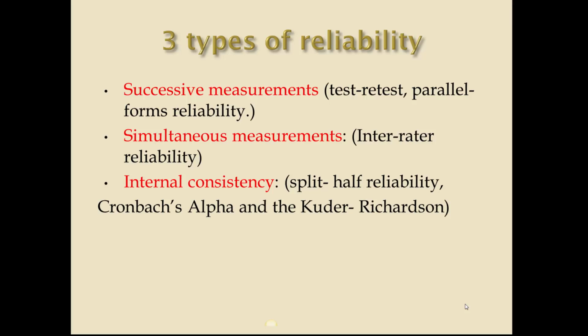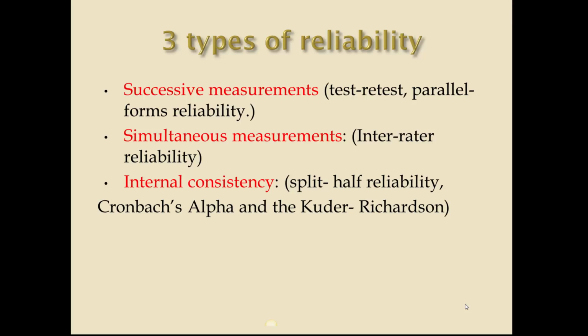There are different ways that you can measure internal consistency. One is split-half reliability, where you split the test. Like if you have 100 questions, you split it into two 50-item halves, and then you measure the correlation between the first half and the second half.